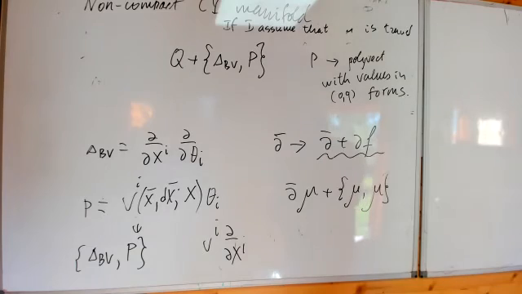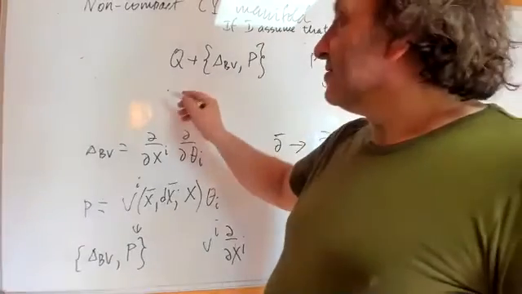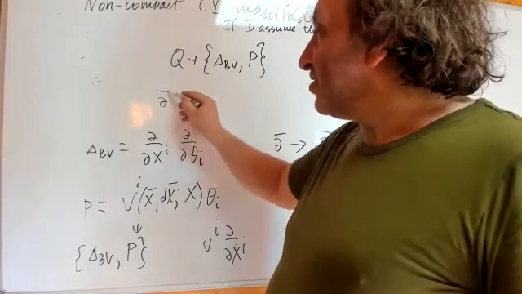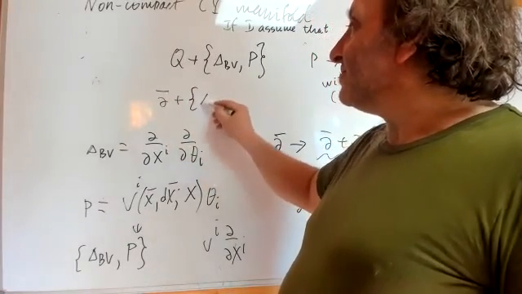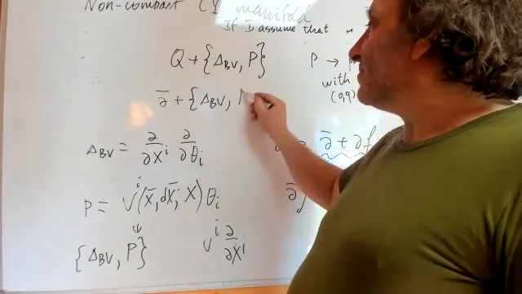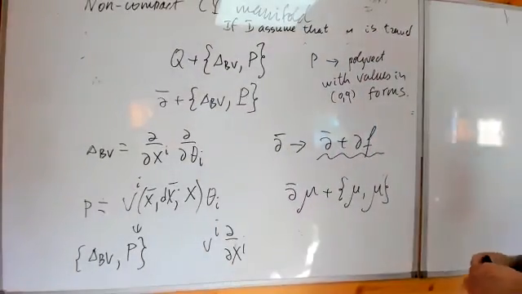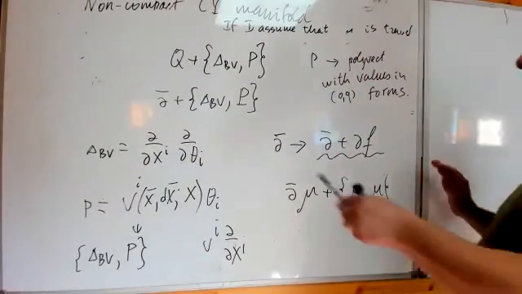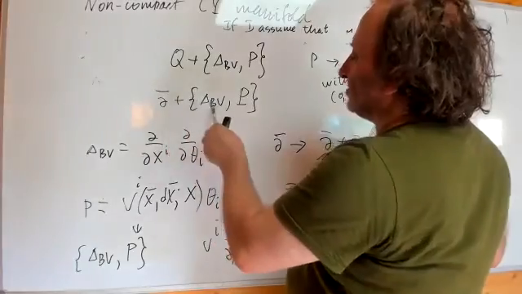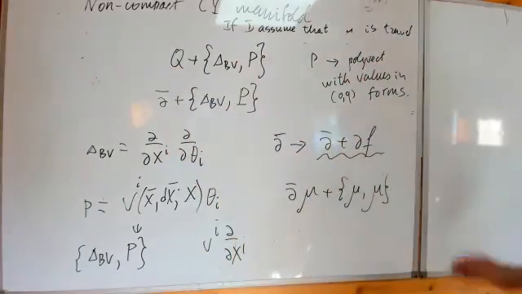And in many cases, you may say that the most general is d bar plus this. So pick up some complex structure and add. So this is generalized.